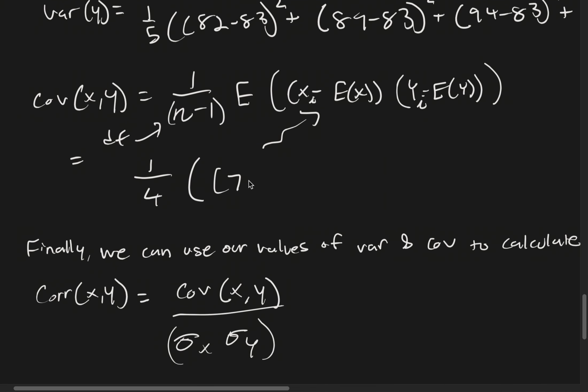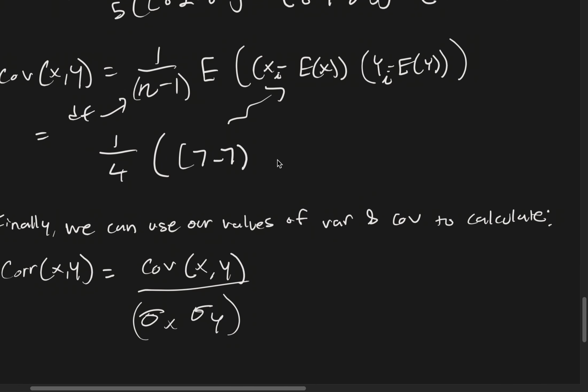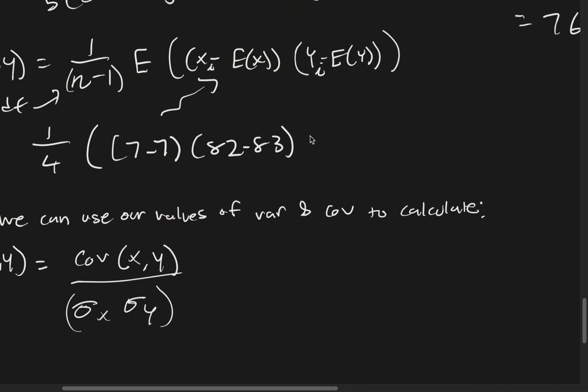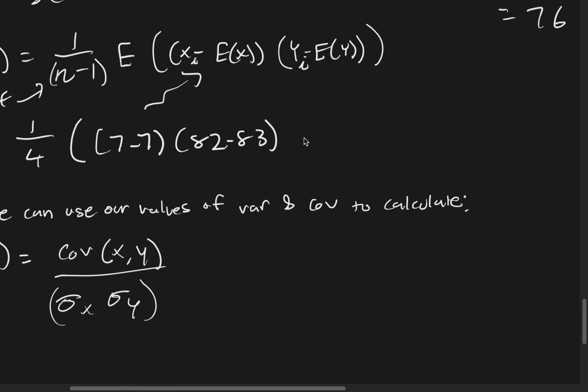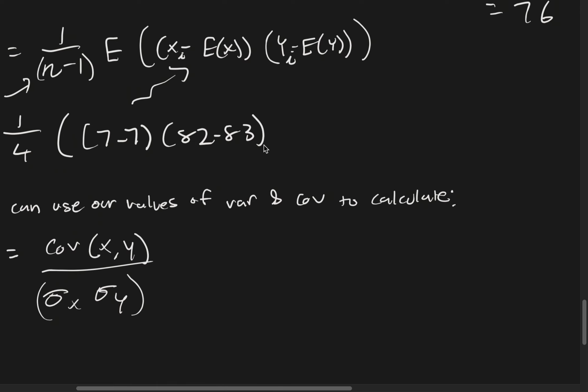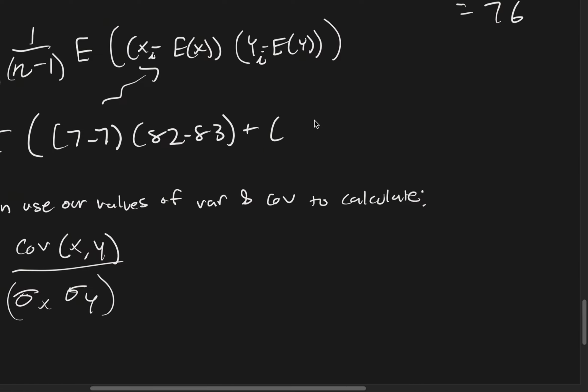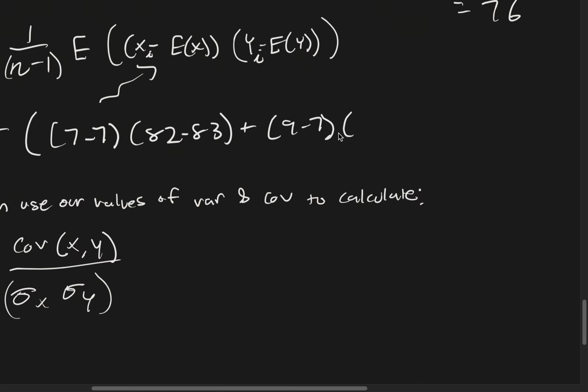So if I write it out, I think it will be more clear. So 7 minus 7, which is 0. We multiply by the y minus the expectation of y, and it will continually add those up.